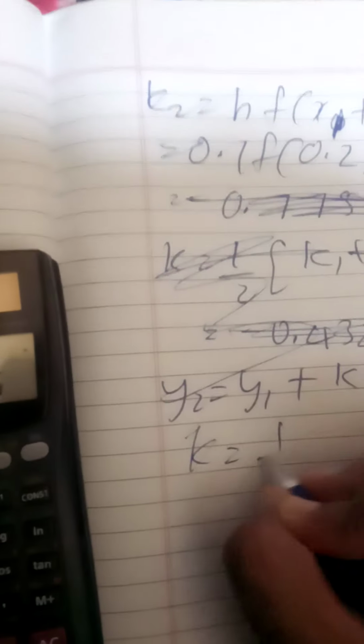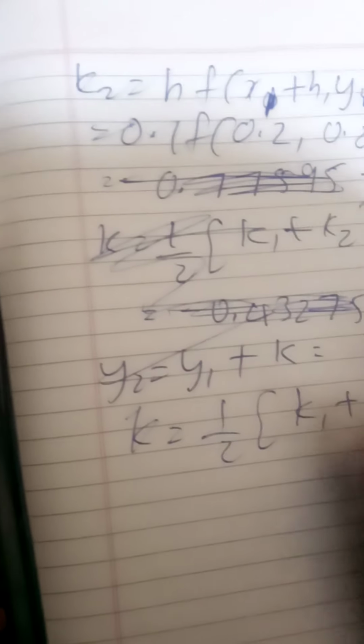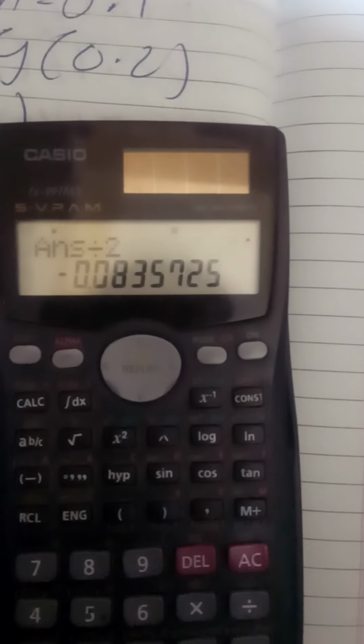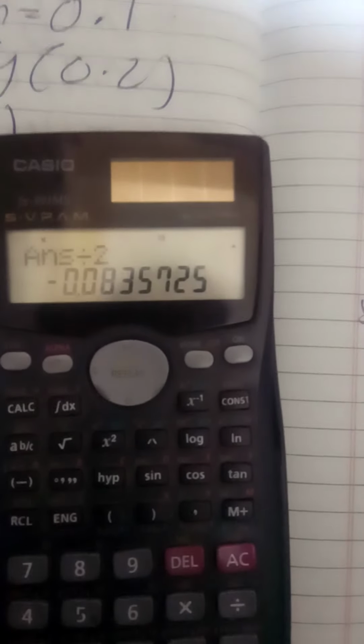Calculate k. k is equal to 1 by 2 of k1 plus k2. So how much is it coming? Minus 0.835725. So y2 is equal to y1 plus k. Calculate similarly.